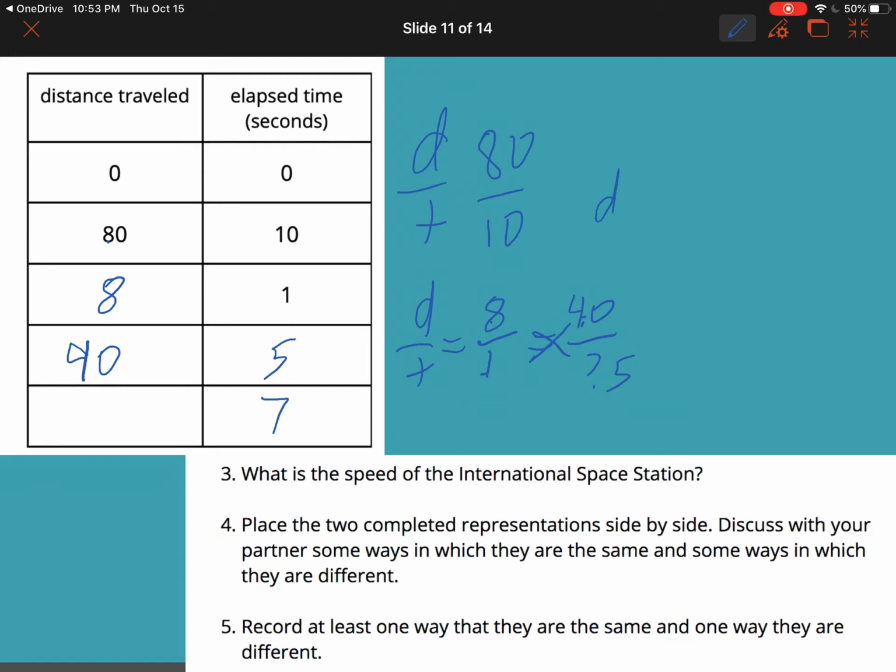And do the same thing, distance over time. Always make your ratios distance over time. Our distance traveled of 8 over 1 is going to be our distance, which we do not know in this case for the second one, over 7 seconds. 8 times 7 is 56. Divided by 1 is 56.